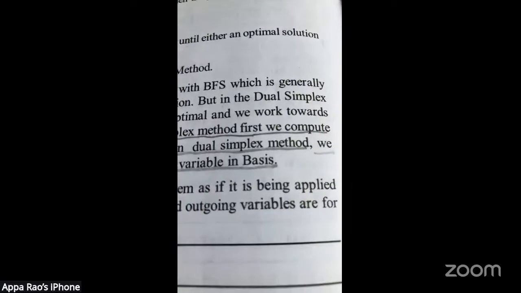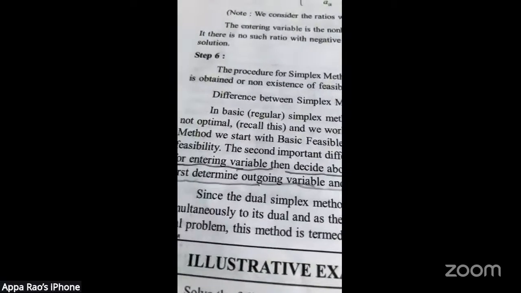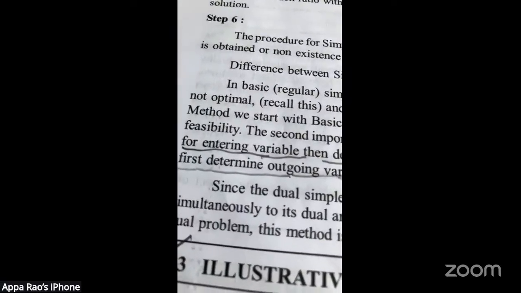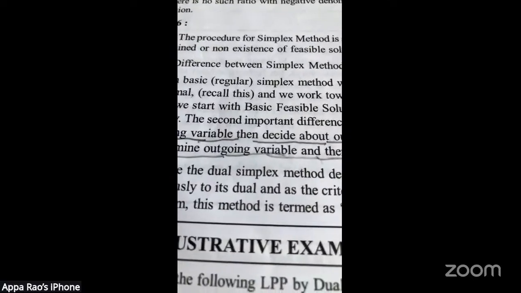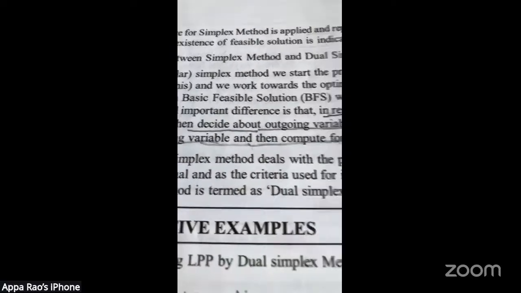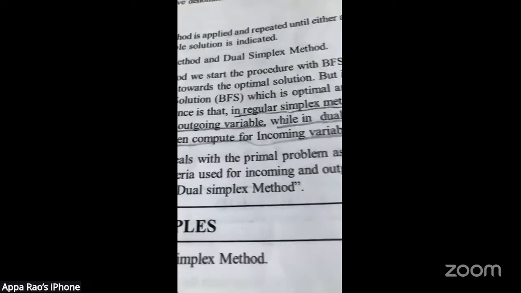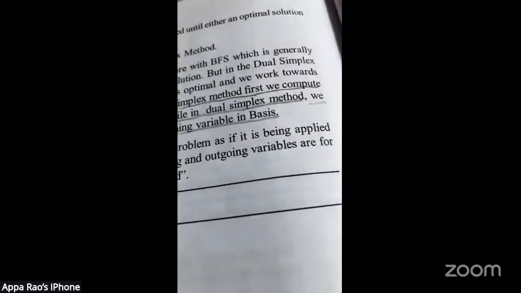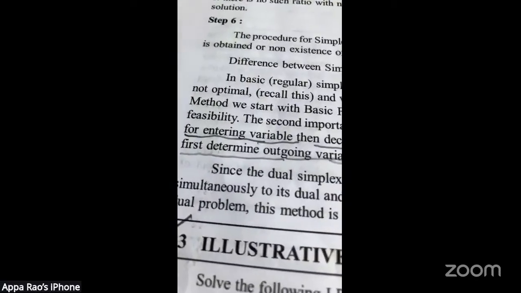In the dual simplex method, we start with a solution which is optimal but not feasible, and we work towards feasibility.